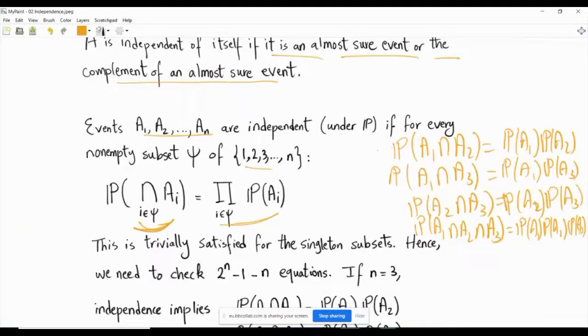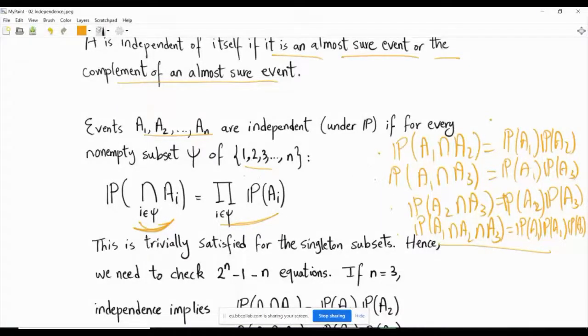So for independence, these 4 mathematical statements should be true. And yes, you can come up with examples in which 3 of them are true and 1 is false, and in that case, we do not say that the events are independent. They will be dependent. This is just for three events.